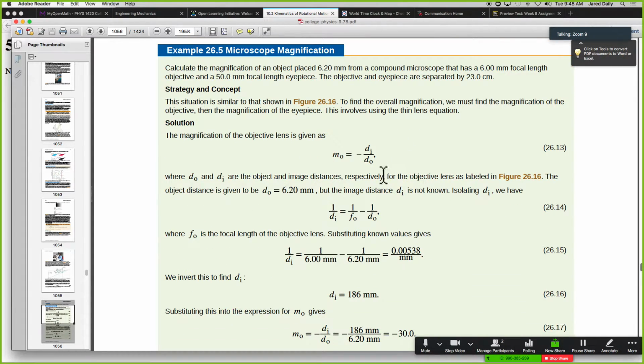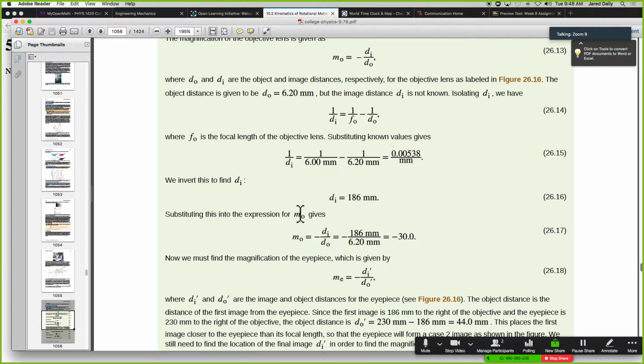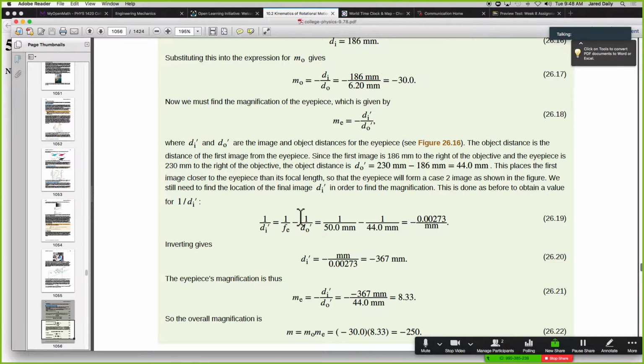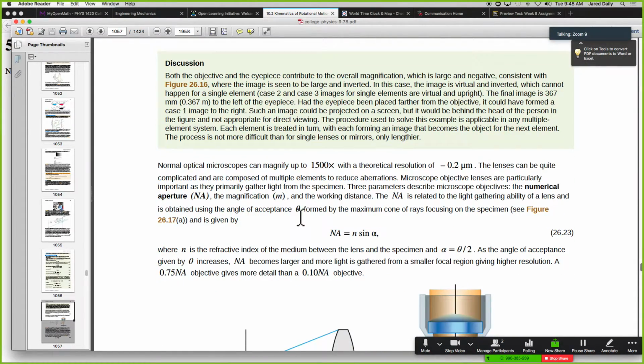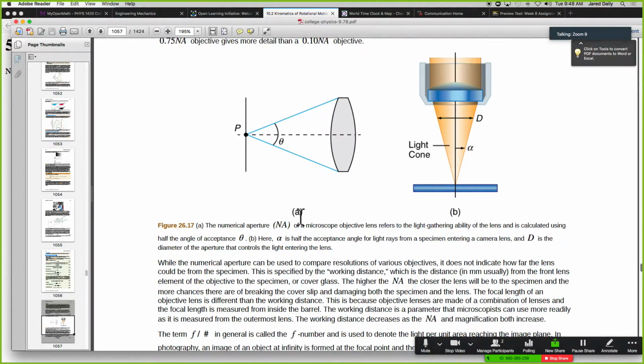So they use the thin lens equation and that magnification equation to calculate the overall magnification of a microscope, and it's not that difficult. With a telescope, it's a little bit different.